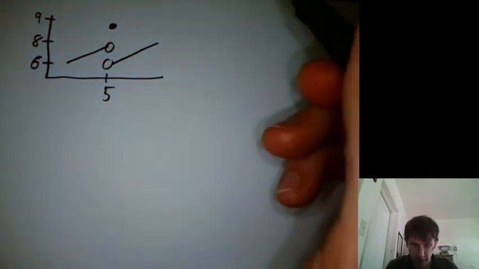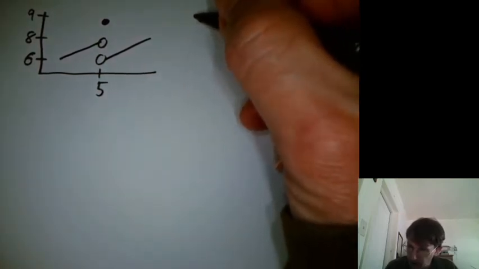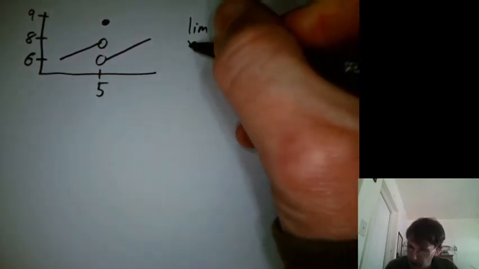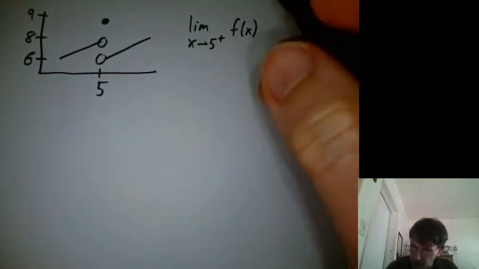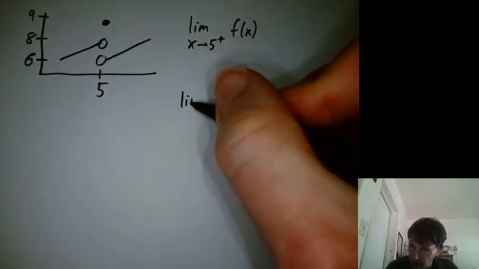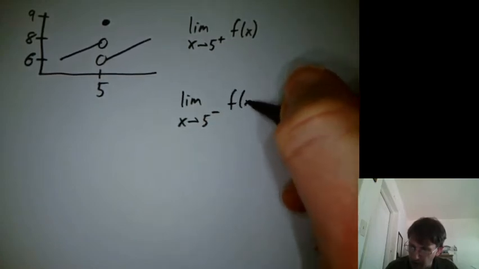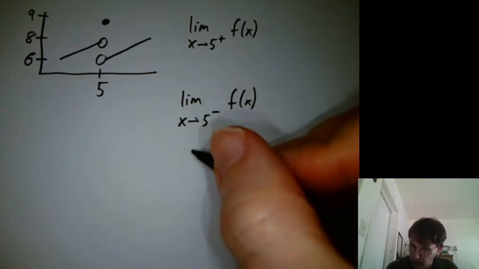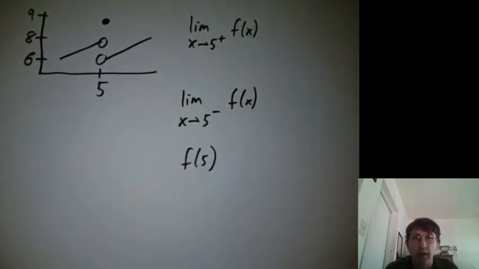Maybe this graph isn't to scale, but that's okay. What would you say is the limit as x approaches 5 plus of f of x? What would you say is the limit as x approaches 5 minus of f of x? And what is f of 5? Take a sec to think about all that.